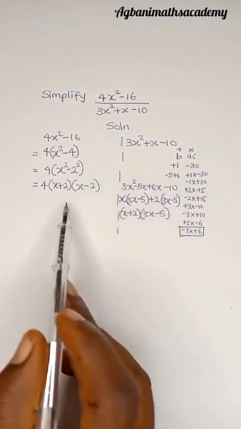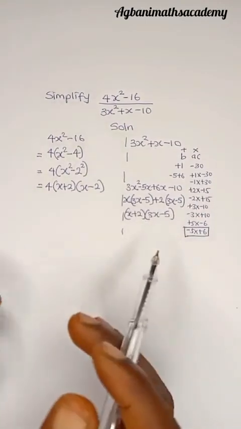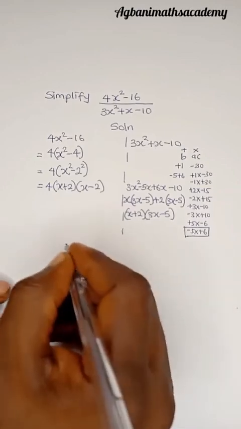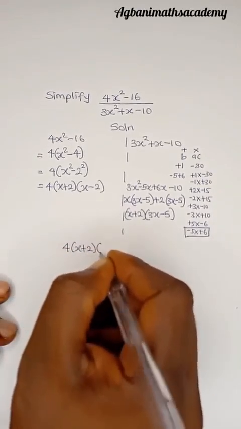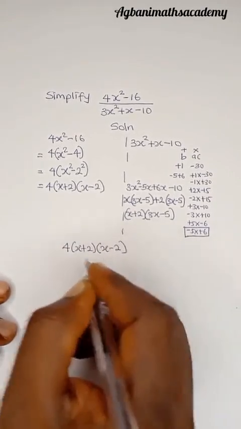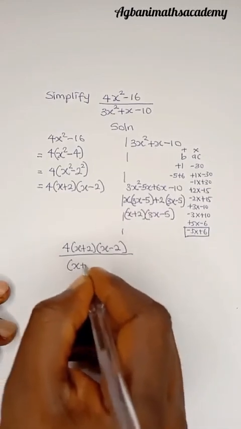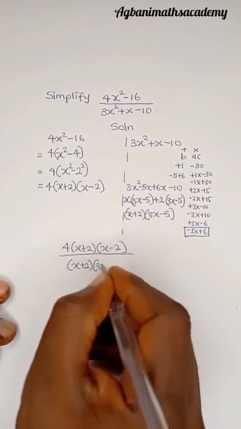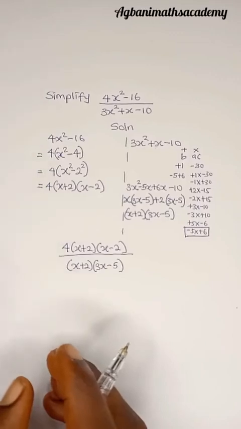At this point, we have factorized the numerator and we have factorized the denominator, so we can bring them back together. We have 4 into x plus 2 into x minus 2 all over x plus 2 into 3x minus 5. Do we have any values that we can cancel out?